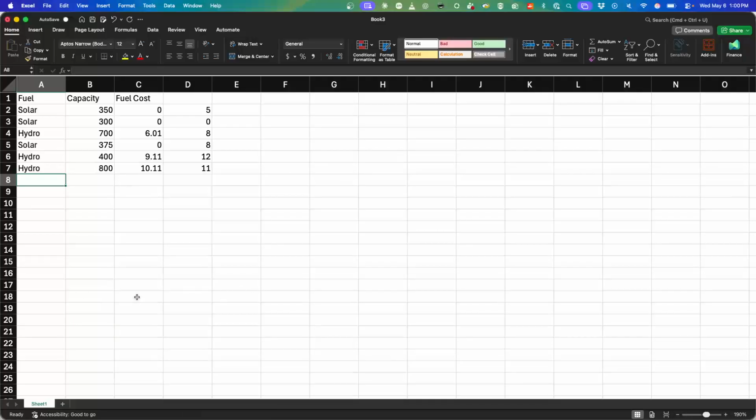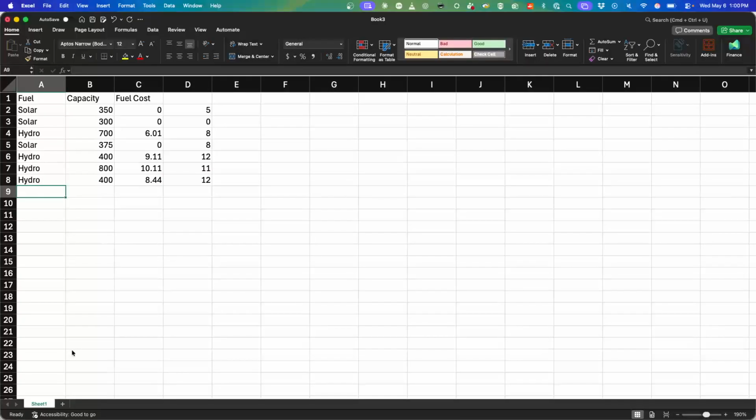Anyone else? No. Everyone gets one power plant. Okay. Oh yeah. Did you? Hydro. Okay. 400 megawatts, and $8.44. And what did you bid in at? 12. Okay.